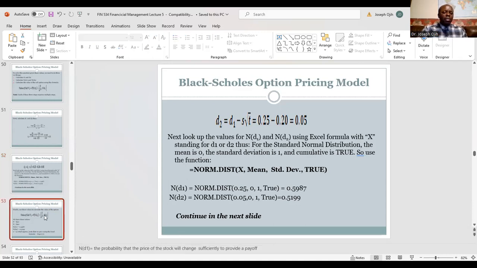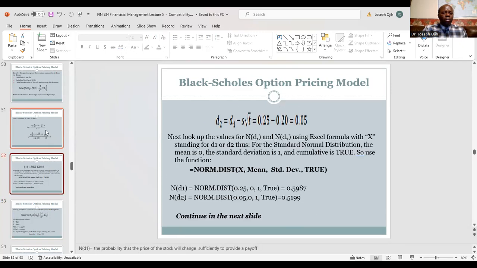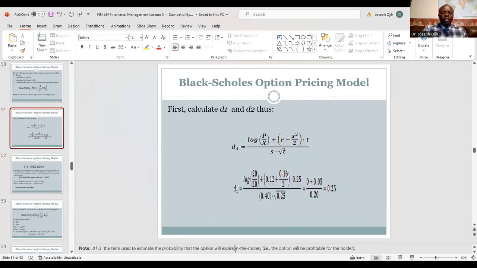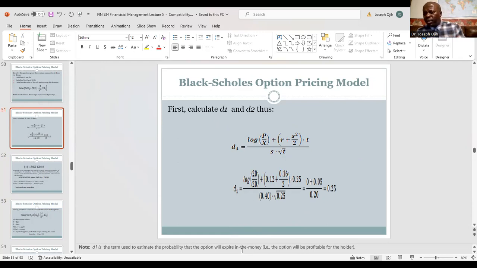Now, give me 1 minute. Let me double check my D1 again, because my D1 is 0.25. Good. Now, let's go back to D2. D1 is the probability that the option will expire in the money.